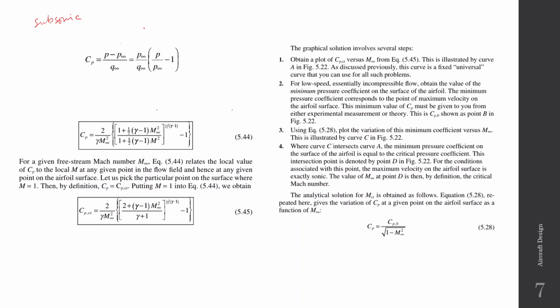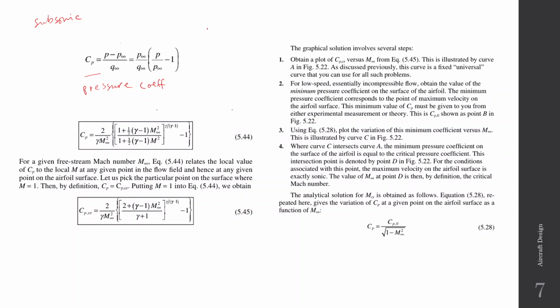We can measure the pressure and try to relate the pressure difference to the velocity. That is why they have defined a coefficient called the pressure coefficient. It is defined as pressure minus free stream pressure over free stream dynamic pressure.